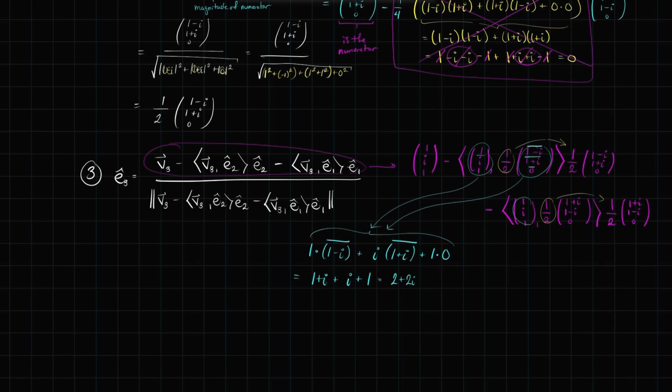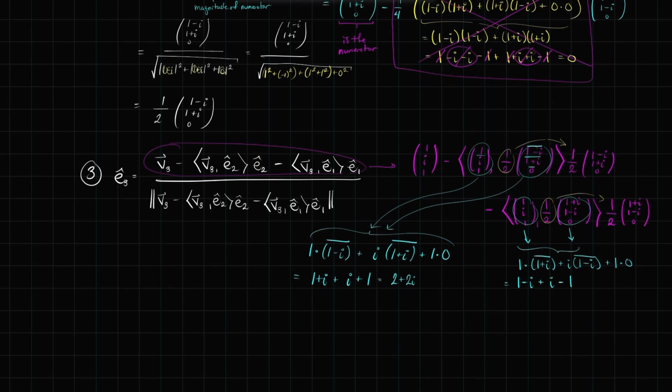I can do a similar thing with this inner product, and notice that I have a 1 times 1 plus i conjugate, plus i times 1 minus i conjugate, plus 1 times 0. This will be equal to 1 minus i, plus I'll have an i times 1 plus i. So I will have an i here, and then 1 plus i times i is i squared, so that'll give me a minus 1.